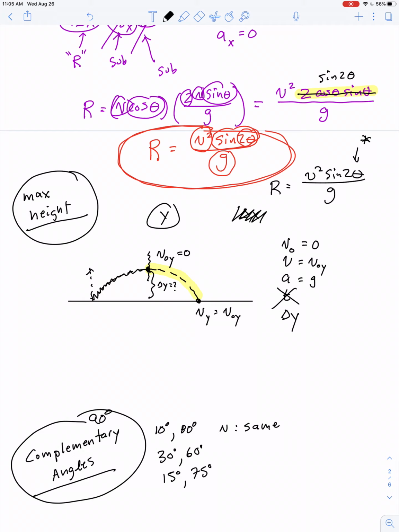So we use the equation that doesn't involve time, that says final velocity squared equals initial velocity squared plus 2 times acceleration times displacement. So if we're applying this just to the vertical motion, independent of horizontal motion, we can put subscripts y. We don't have to say a subscript y for acceleration. We know that that's the same thing as g. And then instead of calling it delta y, let's just call it h. So the initial speed is 0. We can cross out that term.